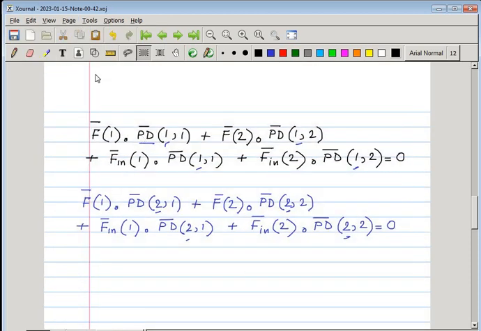So the two equations now are, with PV in place of PD throughout.